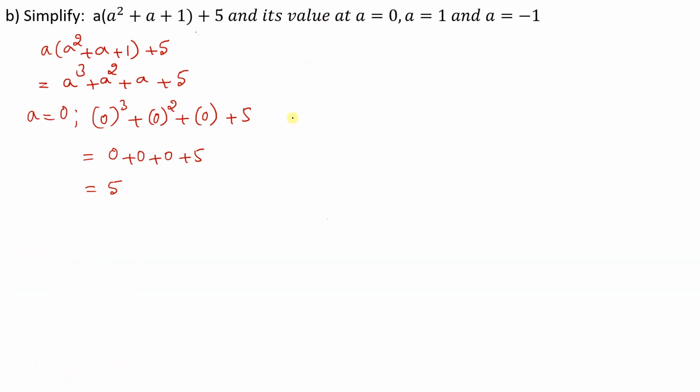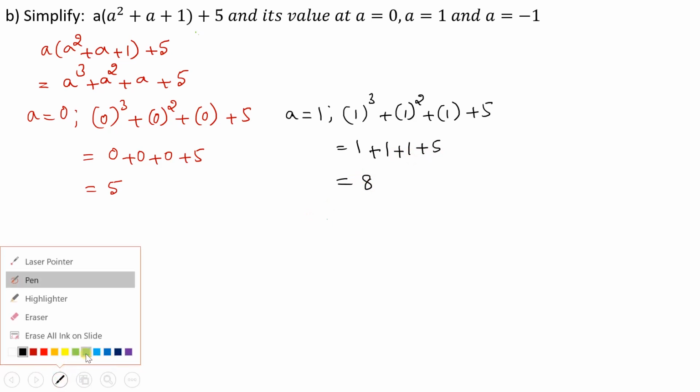Next, at a equals 1, it is 1 cube plus 1 square plus 1 plus 5. So 1 cube is 1 plus 1 square is 1 plus 1 plus 5. So 1 plus 1, 2 plus 1, 3, 3 plus 5 is 8.